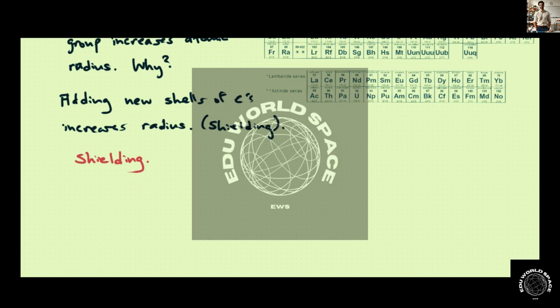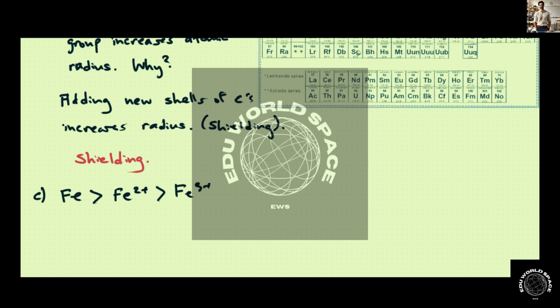Let's finally look at part C. Now, iron is larger than iron 2 plus, is larger than iron 3 plus. Let's drag our table down.